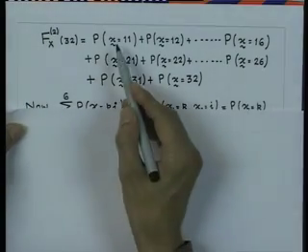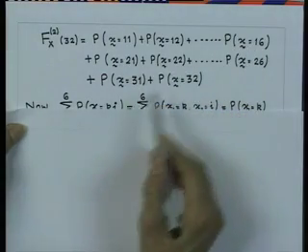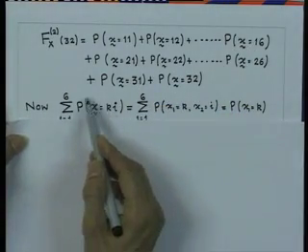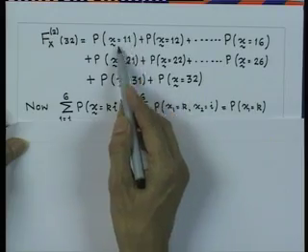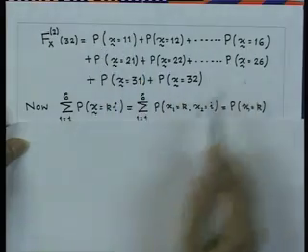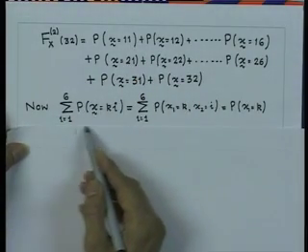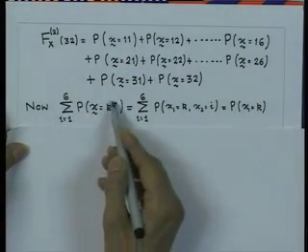Now, if you look at any of these terms, they can be written in a compact form. Look at this term, 6 terms, and 6 terms here. All these 6 terms can be put as one term shown here.